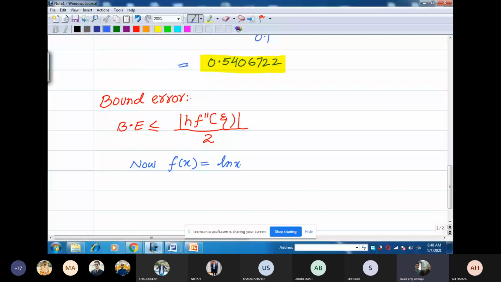Its first derivative will be 1 over x and second derivative minus 1 over x square. So h over 2 times the absolute value of f double slash of theta is h over 2 theta square, and we are evaluating at 1.8.